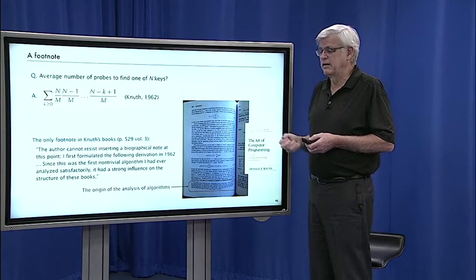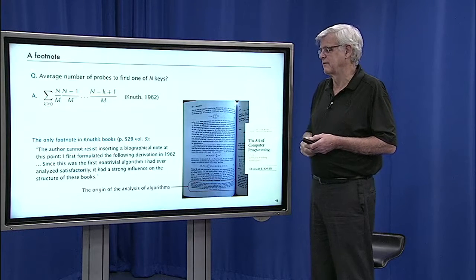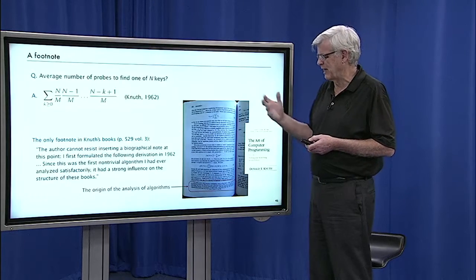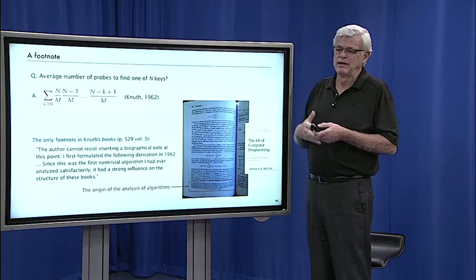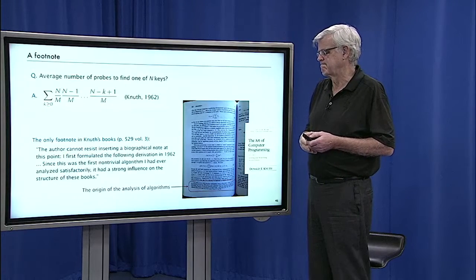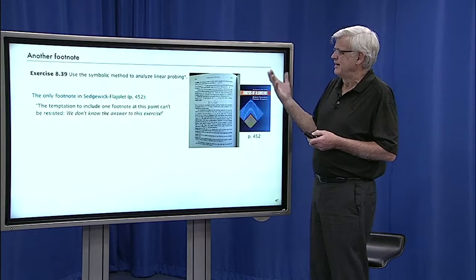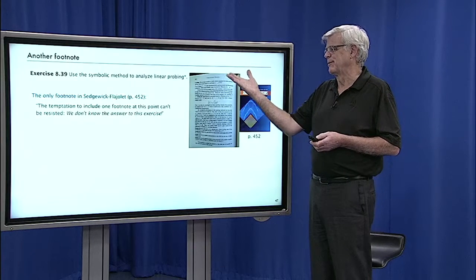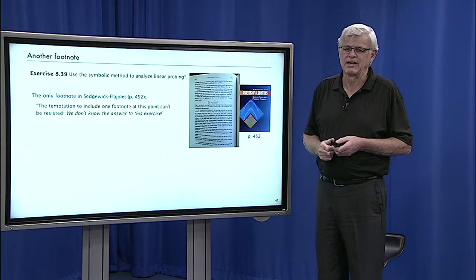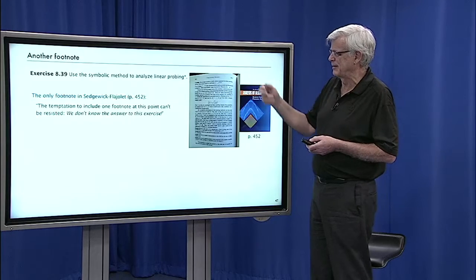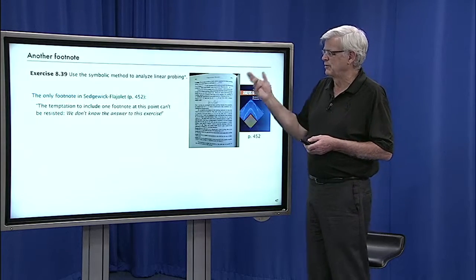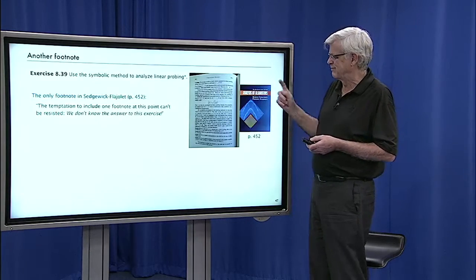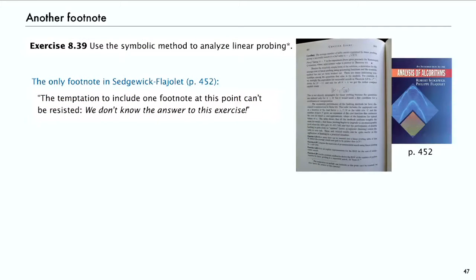Now, when Philippe and I wrote the textbook An Introduction to the Analysis of Algorithms, and we were learning about analytic combinatorics, it seemed reasonable that we should be able to analyze linear probing with the symbolic method. So we couldn't resist putting in 1 footnote in our book either, and that one said that we don't know the answer to this exercise.